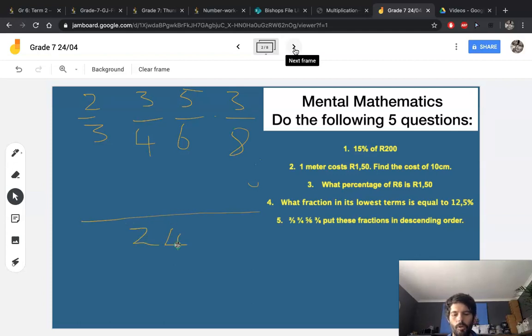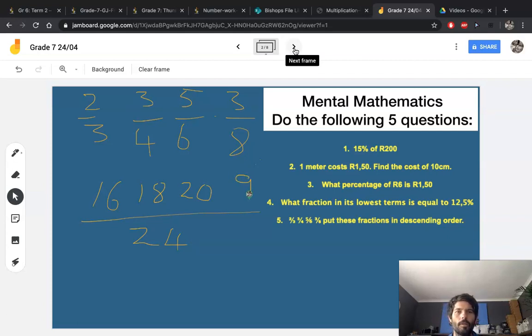Okay, so 3 goes into 24 8 times. 8 times 2 is 16. Okay, 4 goes into 24 6 times, so 6 times 3 is 18. 6 goes into 24 4 times, so 4 times 5 is 20. And your last one, 8 goes into 24 3 times, so 3 times 3 is 9.